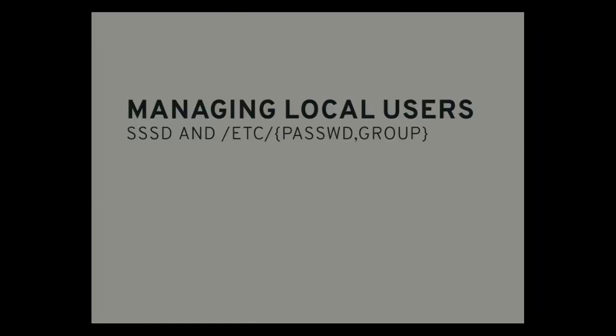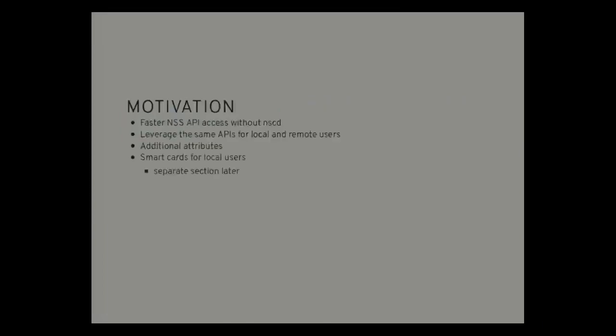Again, why might you want to do this at all? One of the reasons is faster access to the users that are stored in files on the disk. Traditionally, you could use NSCD, which is a name service caching daemon that comes from libc.